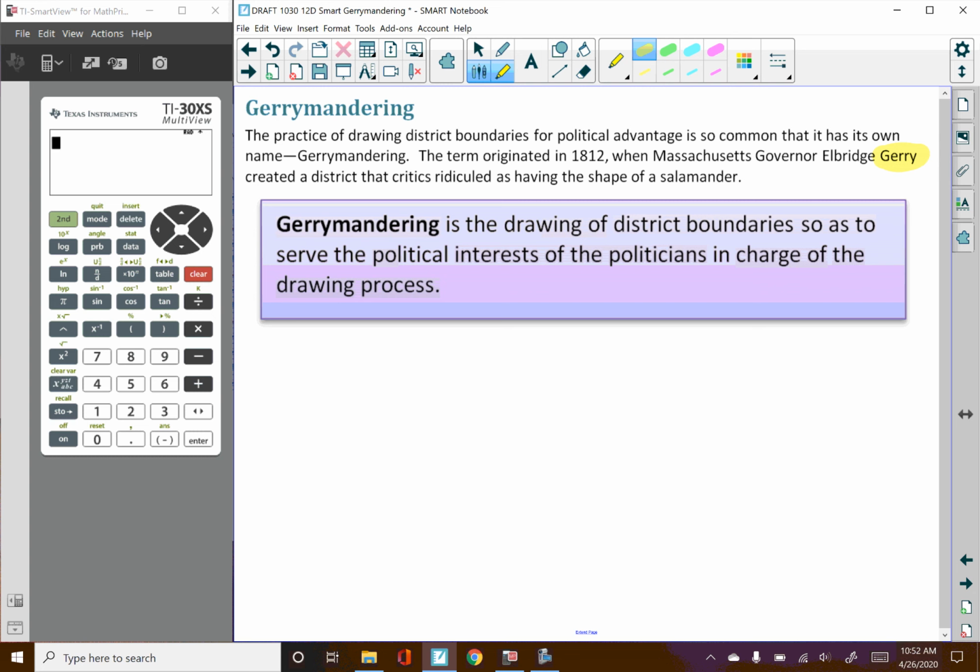So that's where the word comes from. So gerrymandering, again, is just the drawing of district boundaries so as to serve the political interests of the politicians in charge of the drawing process.